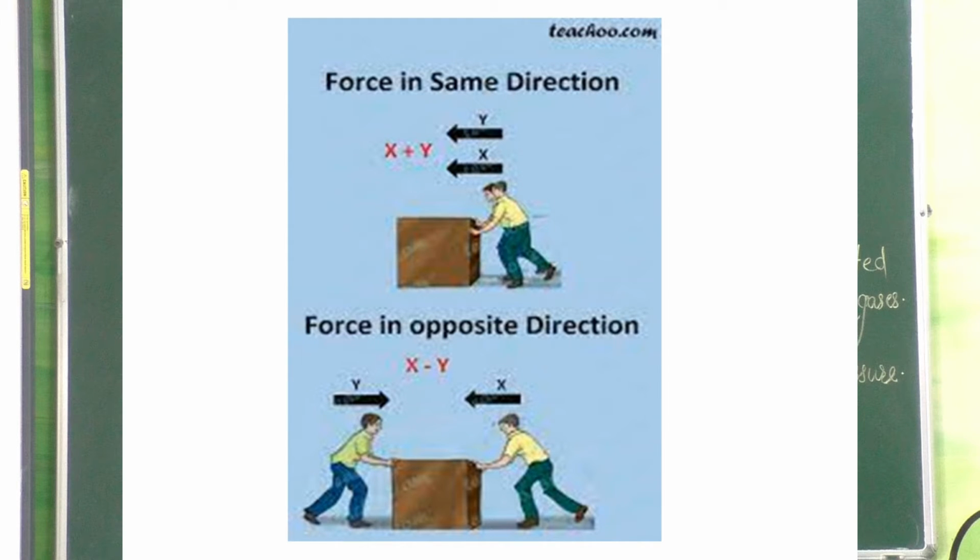For example, in the given picture, the first picture shows the forces are applied in the same direction. So, the net force acting on the body will be x plus y. Whereas, in the second picture, the two forces x and y are applied in different directions. So, the net force acting on the object will be x minus y.